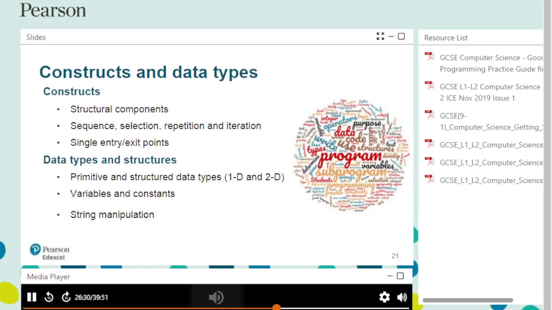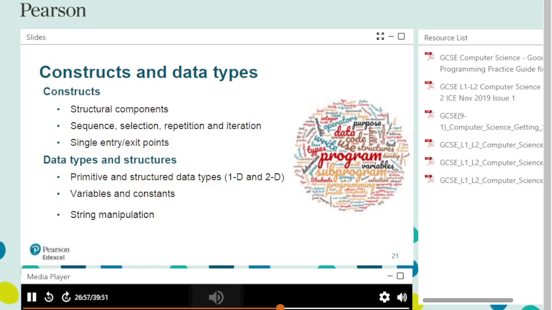Iteration is slightly different because instead of using a test to determine whether a loop is repeated, it carries on repeating for the length of the data structure, which could be a count being manipulated. The PLS specifies that students should use the Python for-in construct to implement iteration.